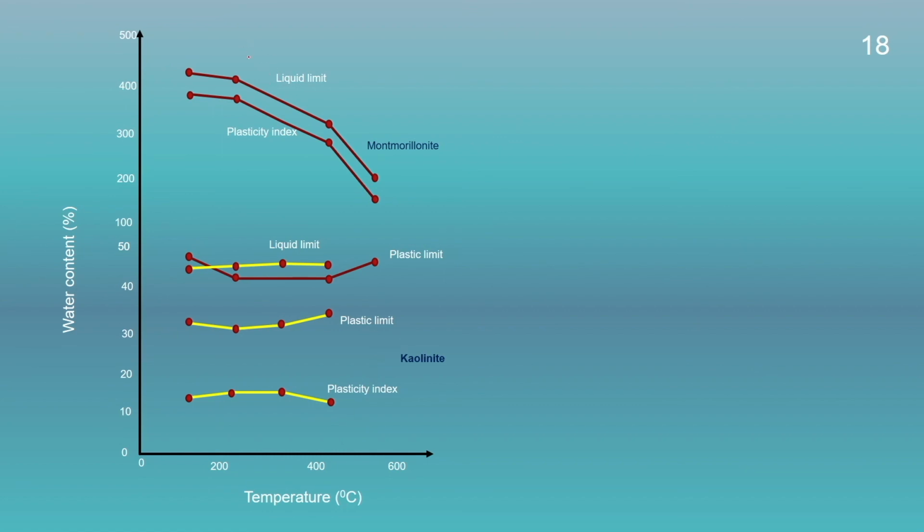We could see here for montmorillonite a significant reduction in the liquid limit takes place at around 500 to 600 degrees centigrade, whereas for kaolinite the liquid limit changes marginally in comparison to the liquid limit of montmorillonite, and there is a slight increase in the plastic limit for kaolinite, whereas the plastic limit of the montmorillonite will decrease and a slight increase in the plastic limit takes place around 500 degrees centigrade.